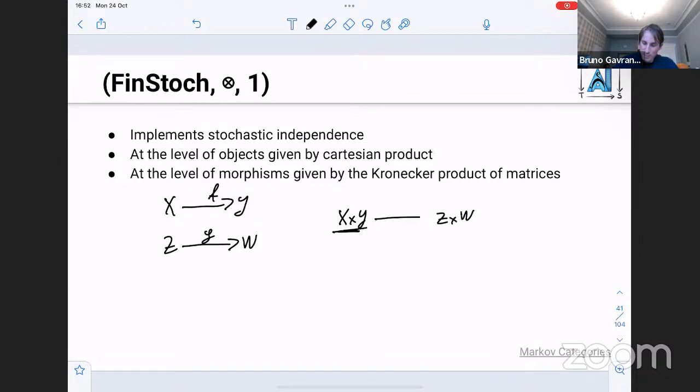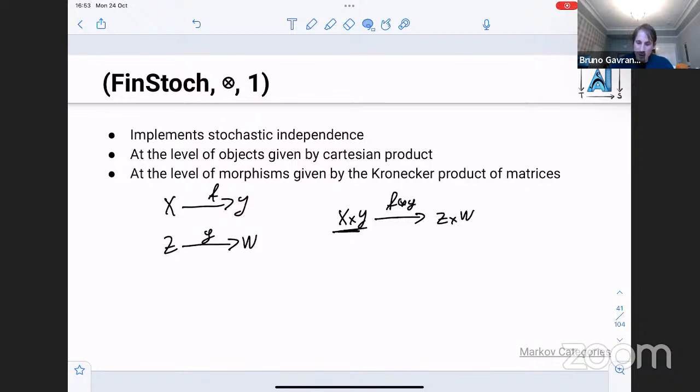And on morphisms, the way I form the composite morphism is by the Kronecker product of matrices. So this is also a monoidal category. And we can see that with this kind of construction, we can model relations, we can model non-deterministic processes, we can model sets, we can model vector spaces and linear transformations, so a number of different things.